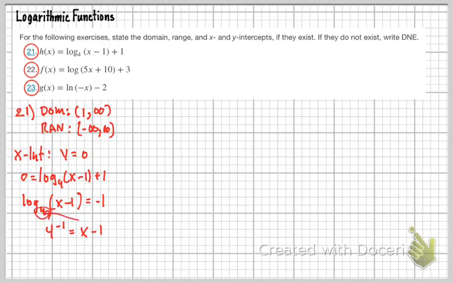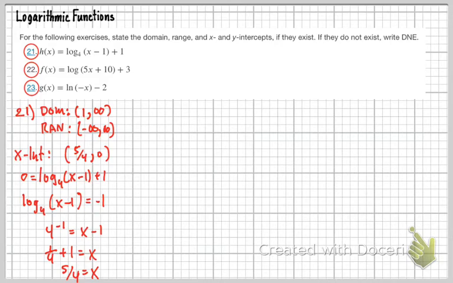All I did was change it into my other form. Then from here, I would add 1 to both sides. So remember, this is 1 over 4, and then I add 1, equals x. So that would actually be 5/4 equals x. So my x-intercept is (5/4, 0). All right, so there's my x-intercept.